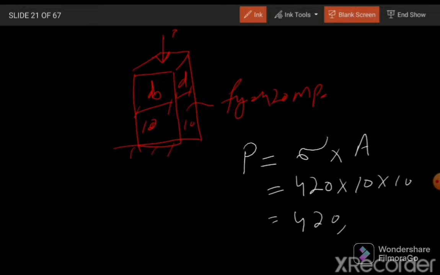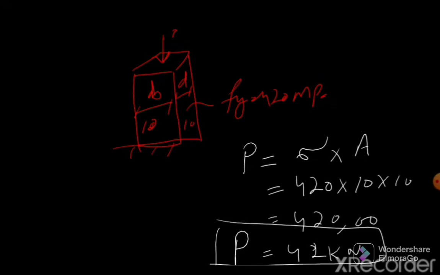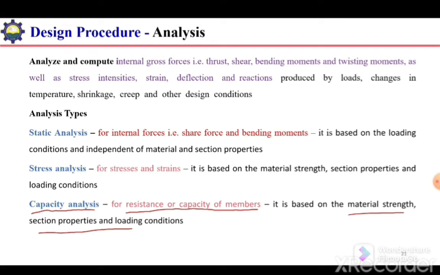So 420, or we can say 42 kilonewtons. So this member will resist 42 kilonewton load. So this is the capacity analysis. Based on the sectional properties as well as the material strength, we have calculated its maximum resistance. So while designing, we need to perform these three types of analysis most of the time.